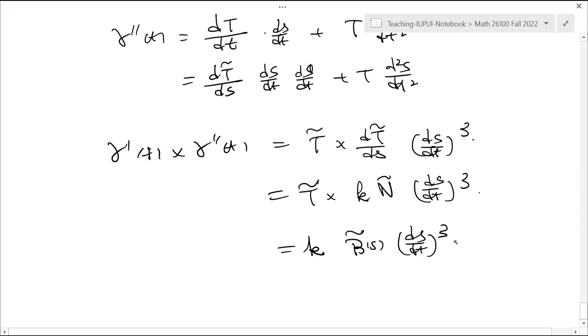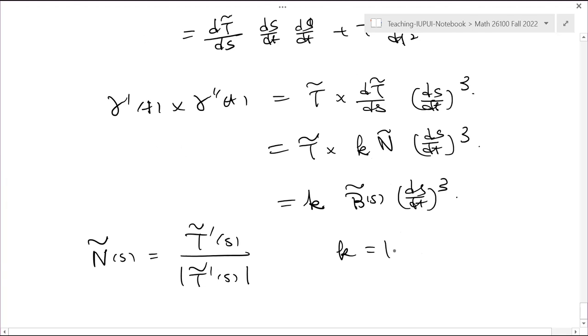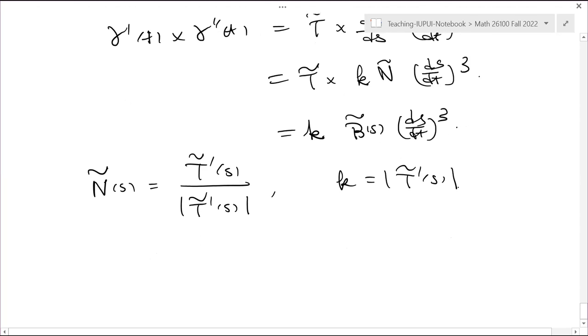We not only find the curvature, we also find the vector B. And remember, this N tilde of s is the normalization of T tilde prime of s, and the length of that is going to be k. B tilde is the cross product. So we have this following identity.